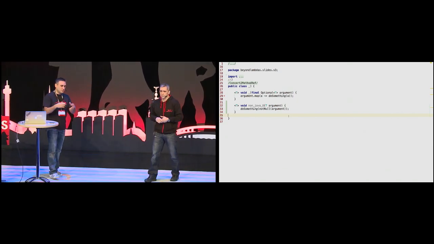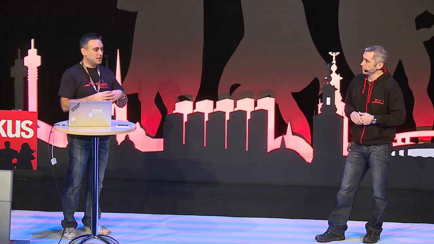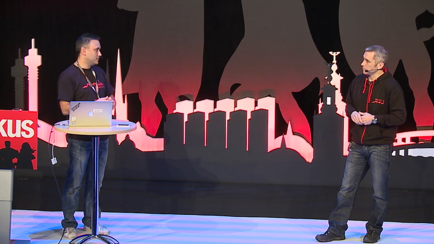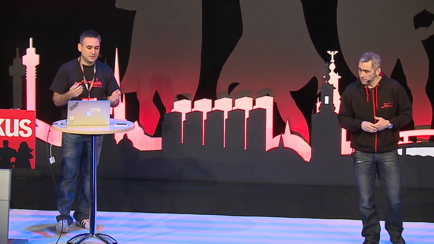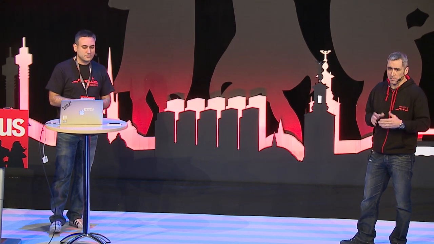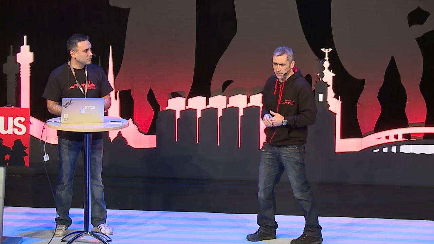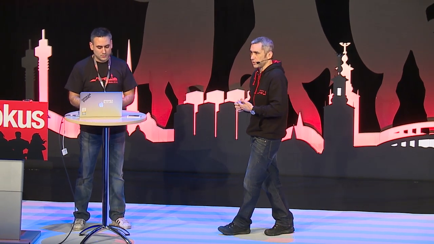You should do your map or orElseGet, depending on what you do. And you should never pass your optional to other APIs or other methods. Exactly. Of course, your internal methods, that's fine, but not the public ones. Yes, and I'm primarily talking about public methods. Obviously, that is a part of your public API. So before you start using optional as an input argument, think carefully about whether that's really what your intent is.